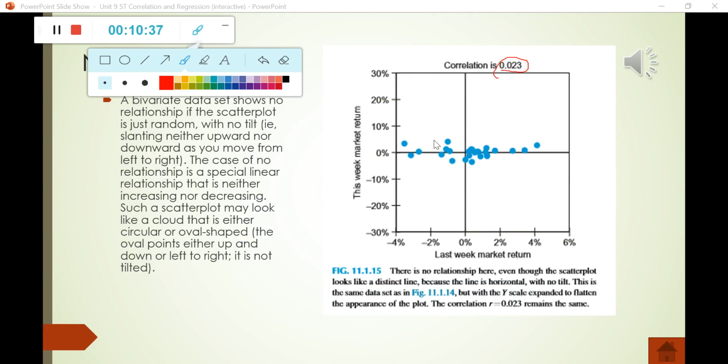That means there's no connection between two things, between last week's market return and this week's market return. Why? There's no correlation because they are independent events. We have to understand that also from previous units, whether they are mutually exclusive and non-dependent events.